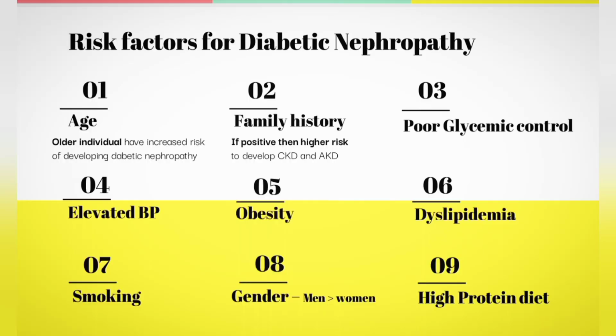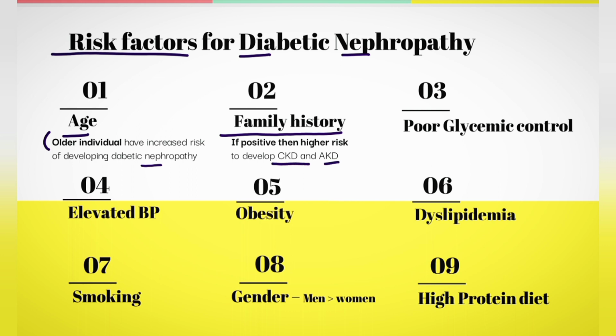Coming to the risk factors for this diabetic nephropathy, the first one is age. It is found that older people have higher chances to develop diabetic nephropathy. It is also found that if any person has a family history of chronic kidney disease and acute kidney disease, there are higher chances of such persons developing diabetic nephropathy.